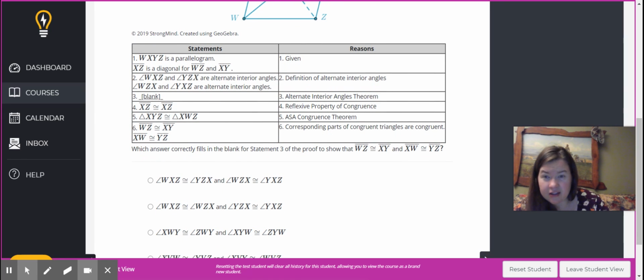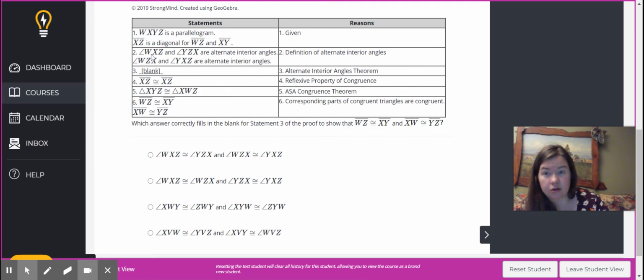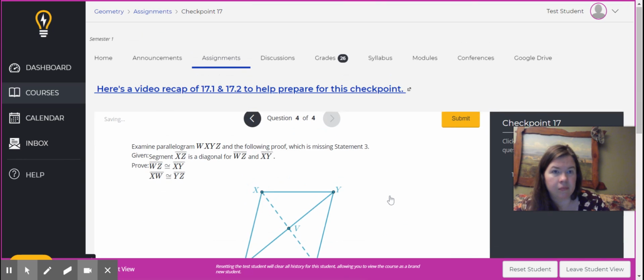And so then we want to say that those are congruent. So we want to say WXZ and YZX. And then the ones below, WZX and YXZ. So looking at those things, those are all the same. So it's got to be that one. Okay.